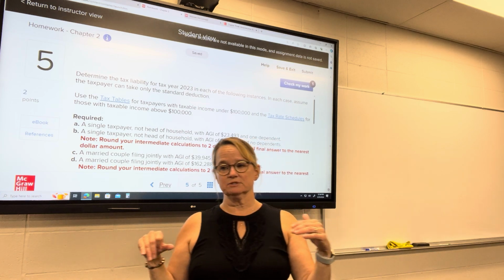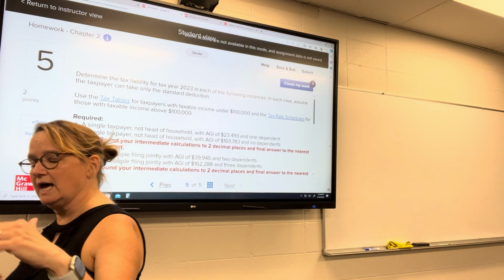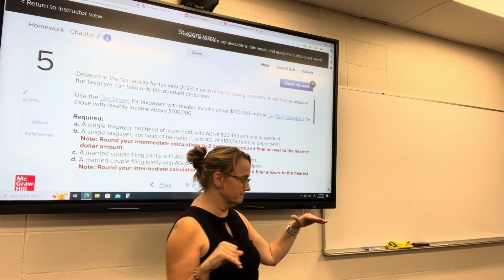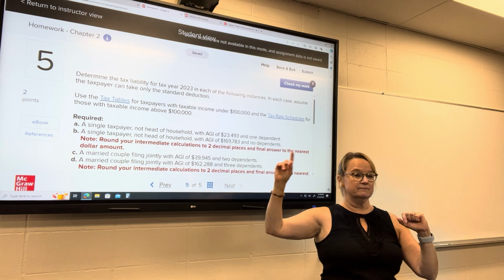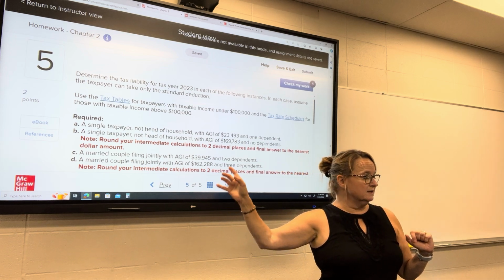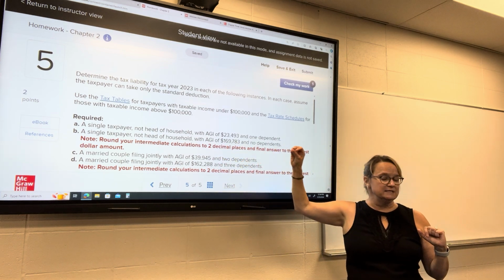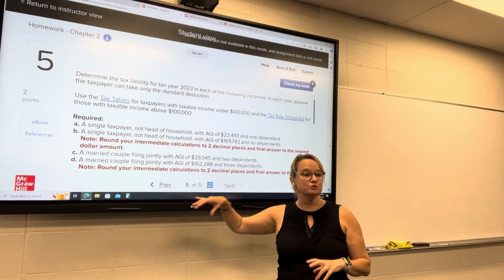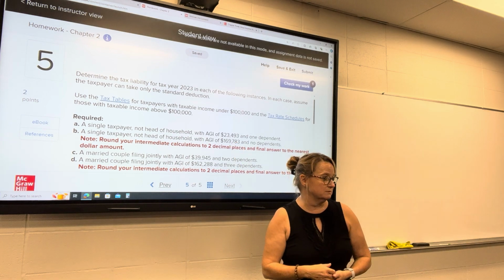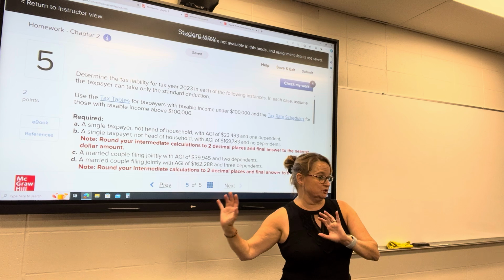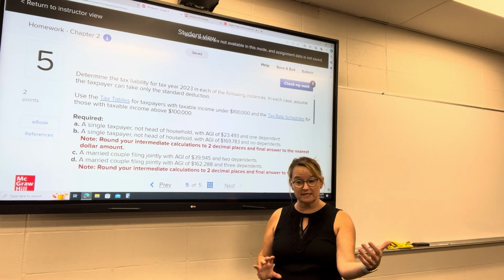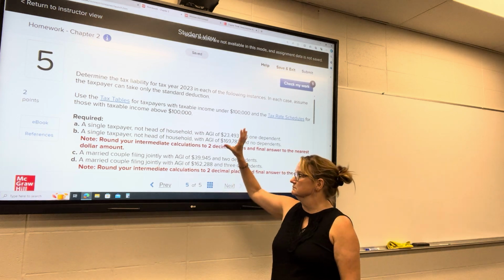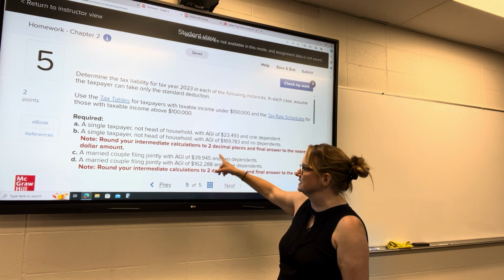Taxable income is that very last line on the first page of the 1040, and that's what we're going to use to determine tax liability. For AGI, we have to make an additional adjustment, and that's the standard deduction in our case. When we get to chapter 5, we're going to be using the itemized deductions instead of the standard deduction, but for our purposes right now, we're going to use the standard deduction.